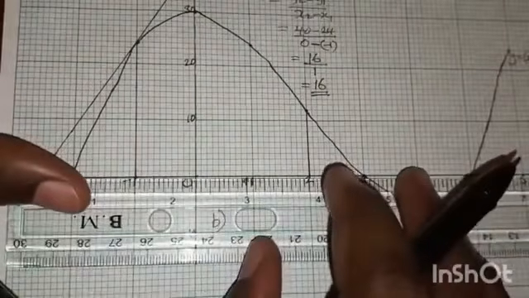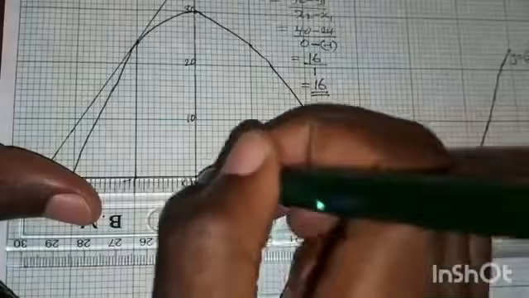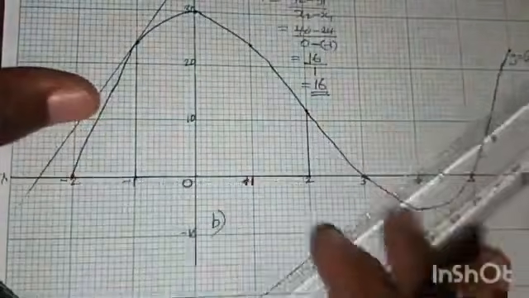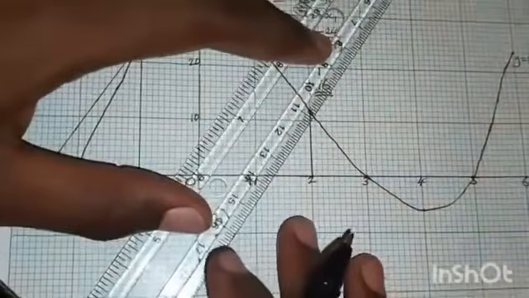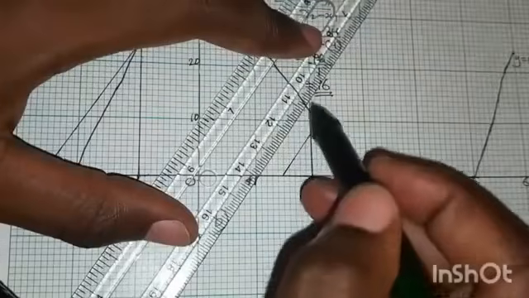And y is equal to 0 is the x-axis. So it's along here. So let's just highlight it.